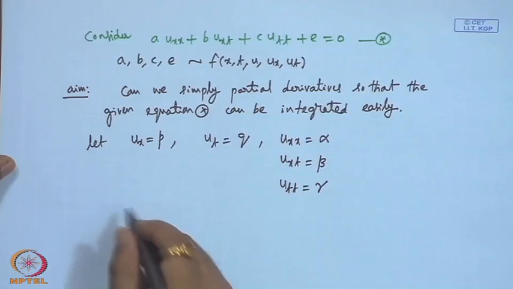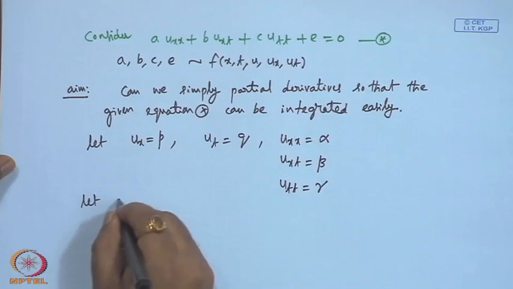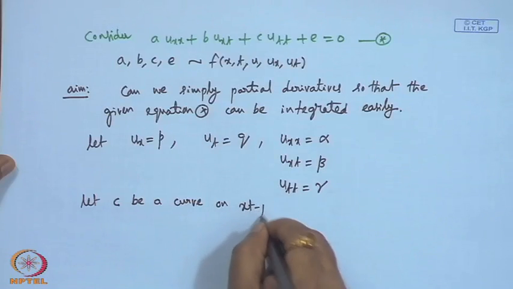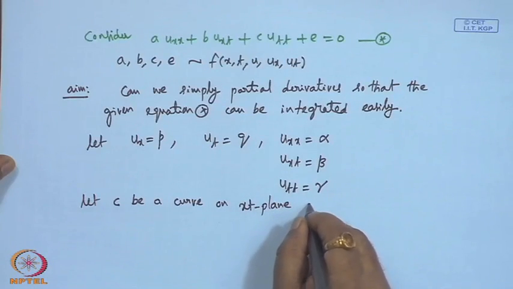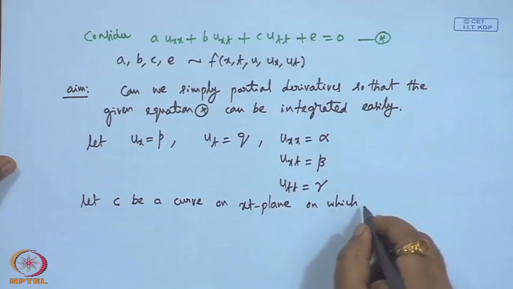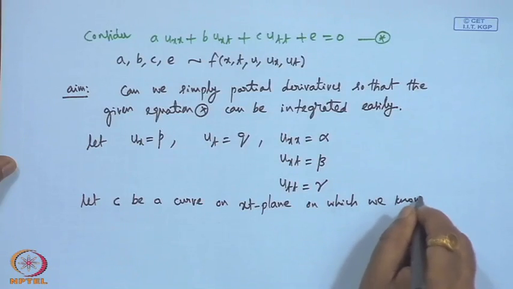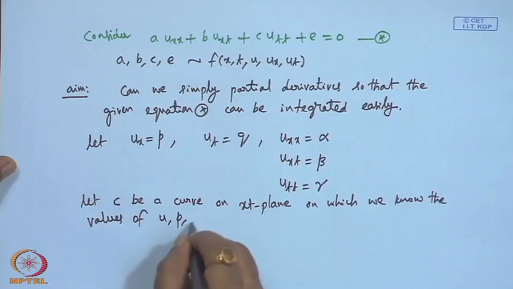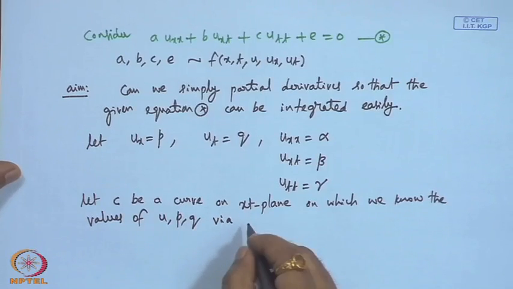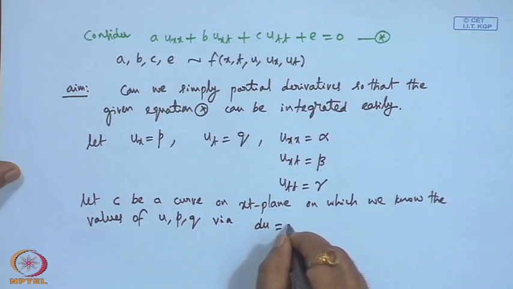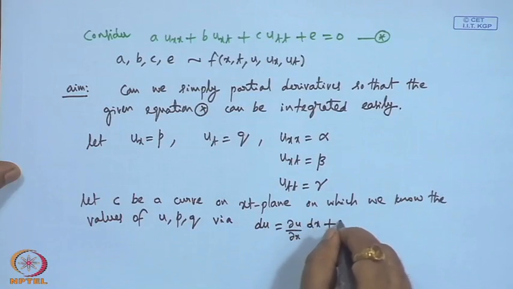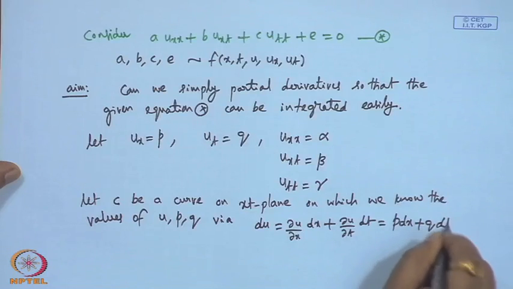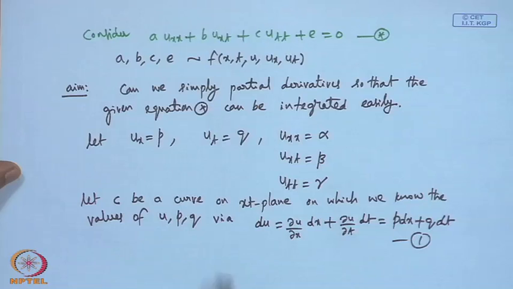We introduce, then let C be a curve on x t plane on which we know the values of u, p, q via du equals to dou u by dou x, which is equals to p dx plus q dt. So, call this 1. So, let C be a curve.